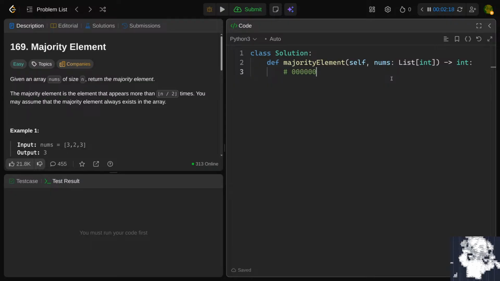So if you had a bunch of zeros and then one more one than zeros, or even more confusing, a bunch of zeros and twos and one more one than anything else, or than half the length of the list.